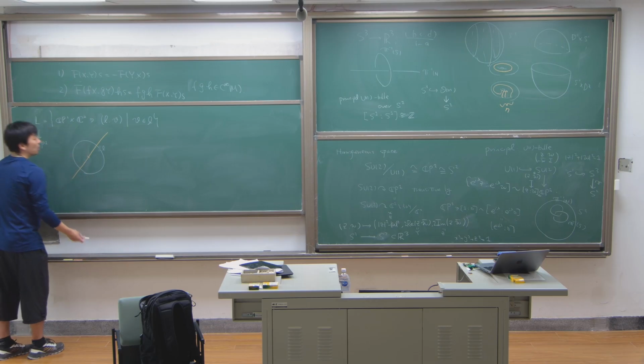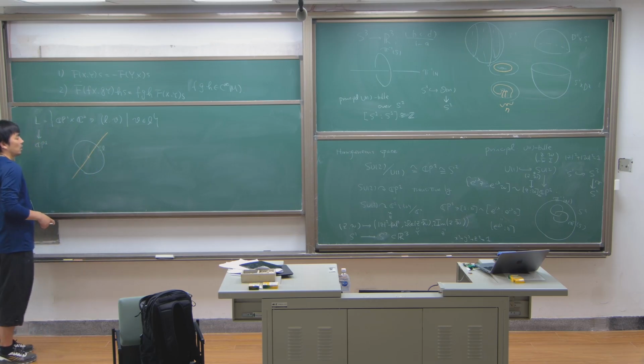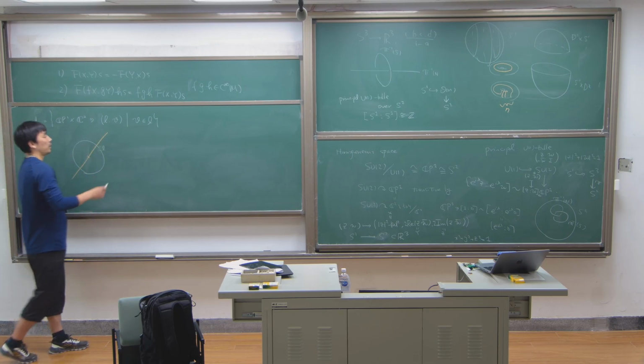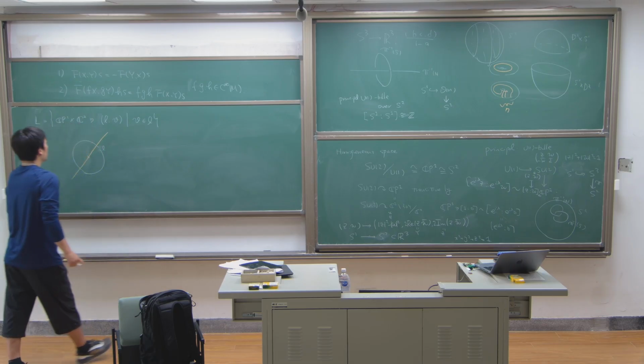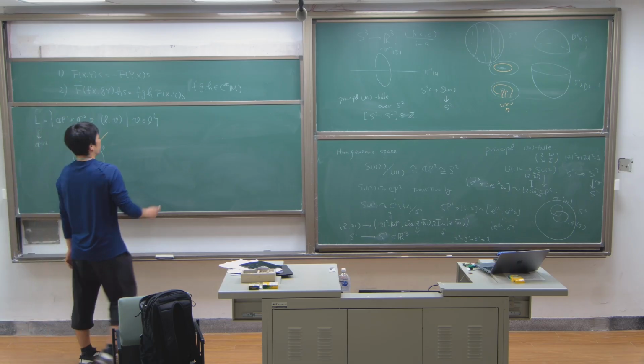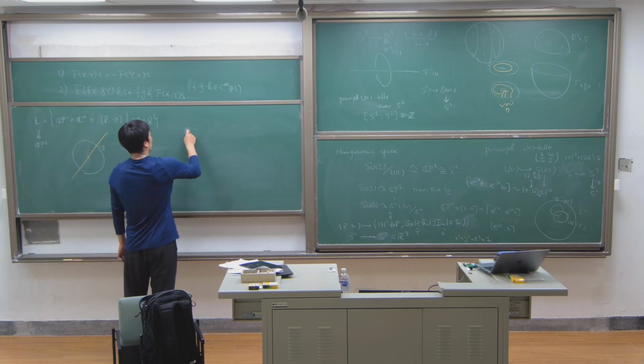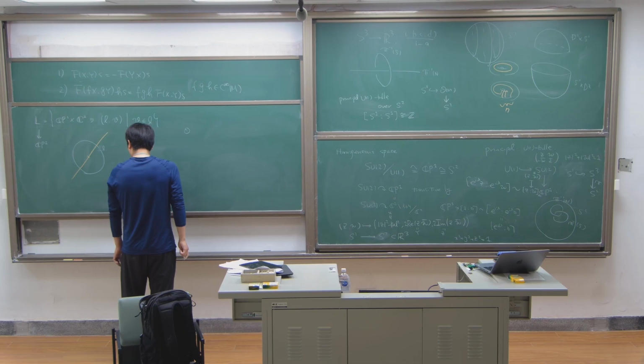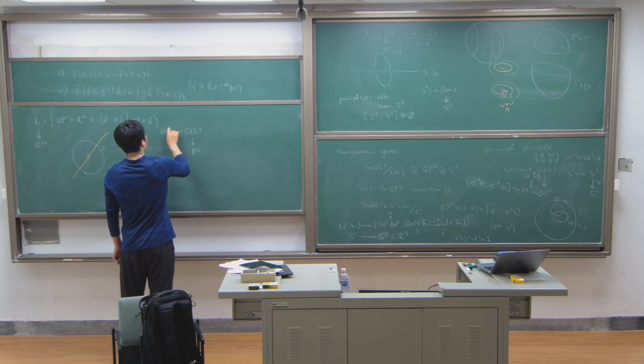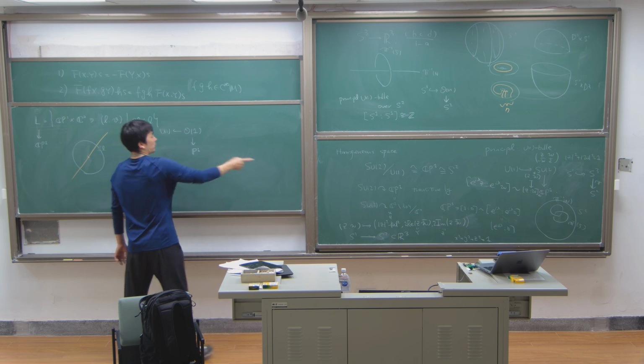That is called the topological line bundle, and this L is in fact obtained if you start with the O1 bundle.